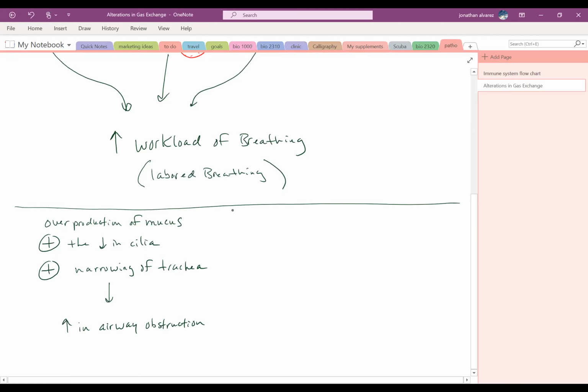By the way, this is for peds. Okay, so the one we did above this was elderly. This is going to be for pediatrics. Okay, so peds.